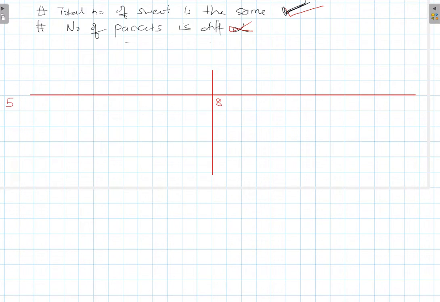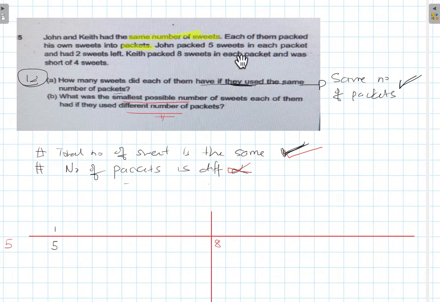Okay. So my first packet, 5, and then it says, where's my question? If it's 5, each you had 2 left. So the total is add 2, right? So it's 7. Total is 7. And then if it's 8, and short of 4.